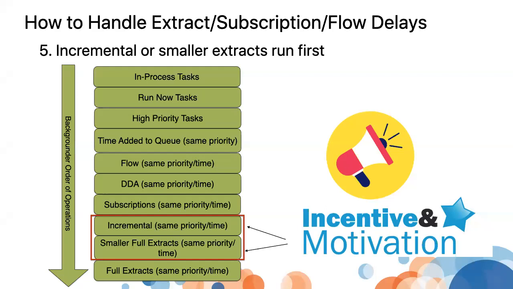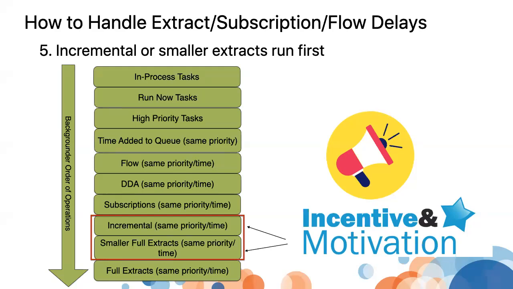All right, if you look at this whole deck, I put this together after reading and understanding carefully the documentation of extract operations. I call it background order of operations. In-progress tasks, of course, go highest, followed by the run now tasks, if you enable run now on the site, and then the higher priority tasks, which I'll talk about later on.